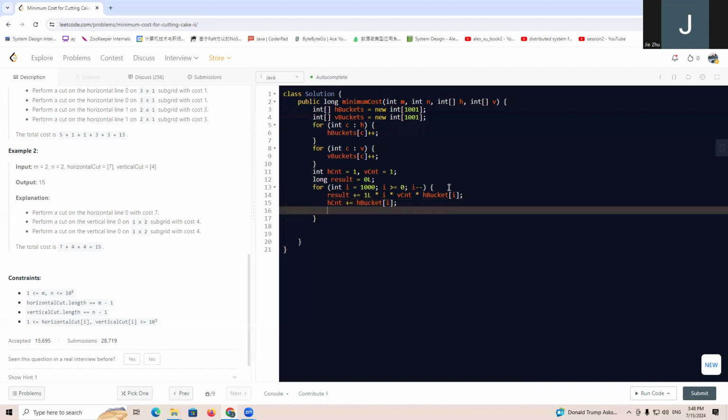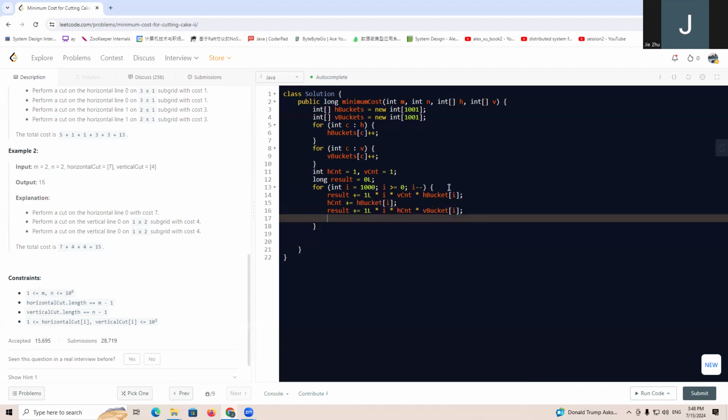And then we'll have result plus equal to 1L multiplied by i, multiplied by H count, multiplied by V bucket i.